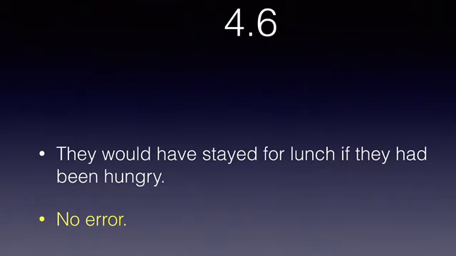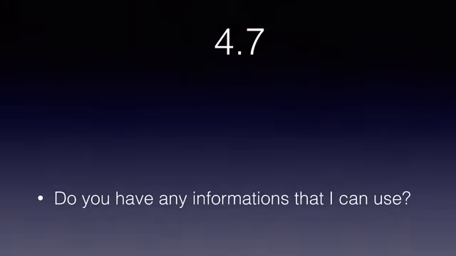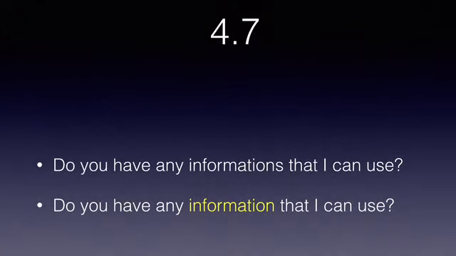Notice if a sentence is correct, then you don't get a point for correcting a sentence that's already correct. God, I hope you got this one. Obviously, we can't count information. Some information, any information, a piece of information, two pieces.